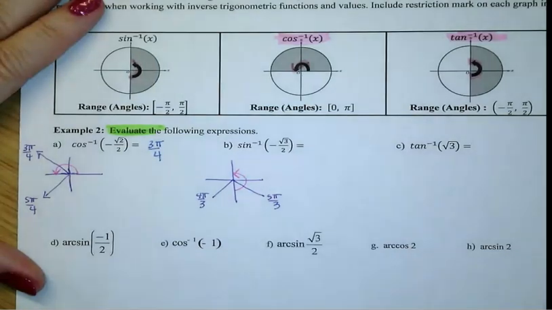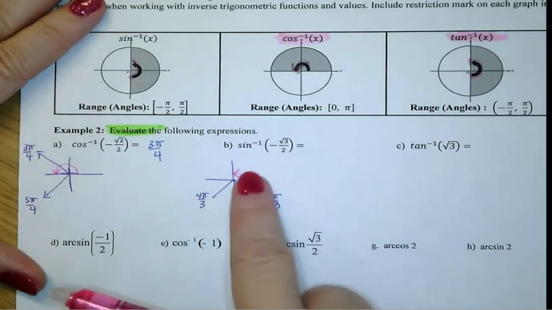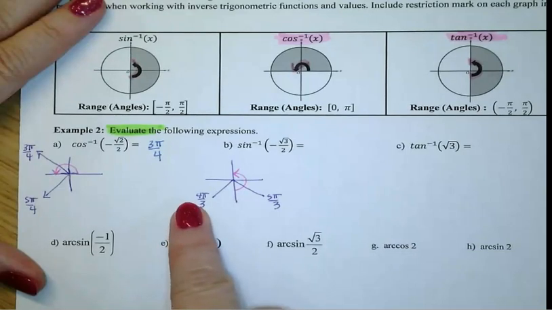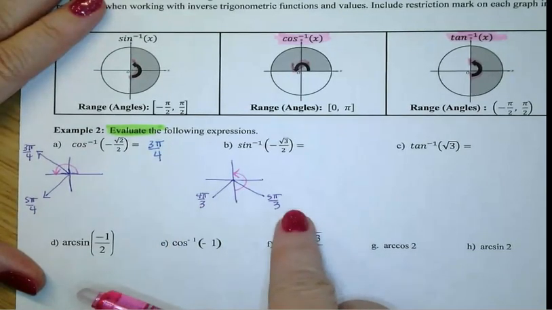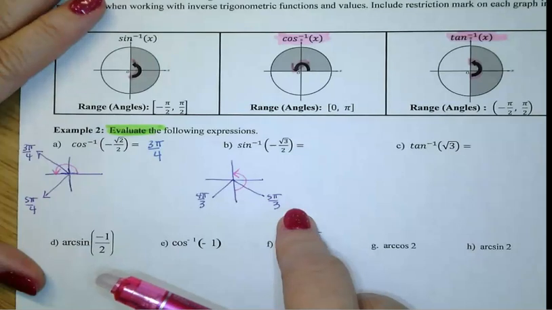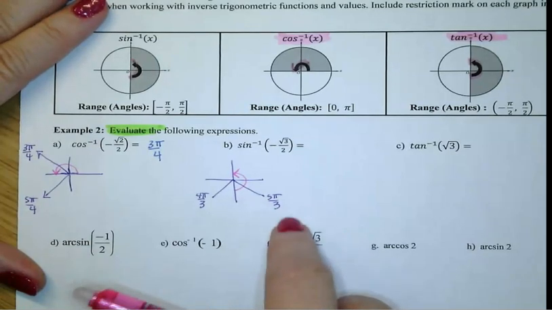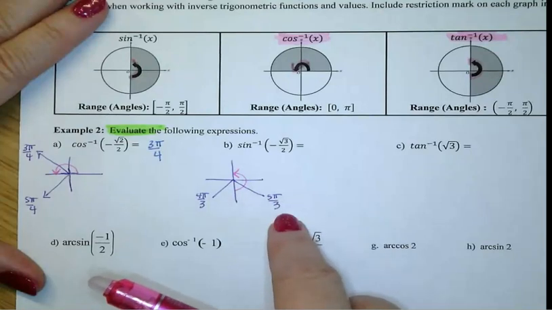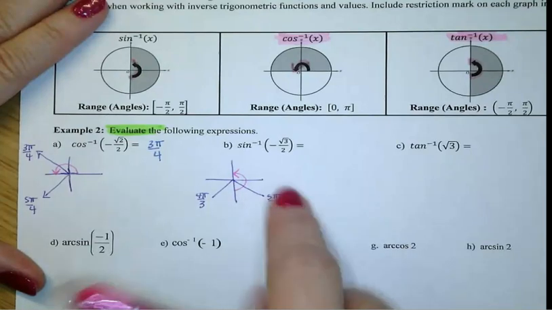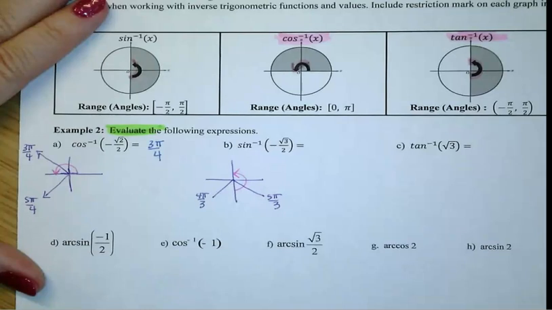And I can see one angle that's definitely within the restriction marking, which is what this arrow is. So we know we can discount this. This can't be part of our solution. This actually falls in the solution area, the restricted area. However, we have a problem. 5 pi over 3 is way larger than pi over 2, which means we can't use that as our value.